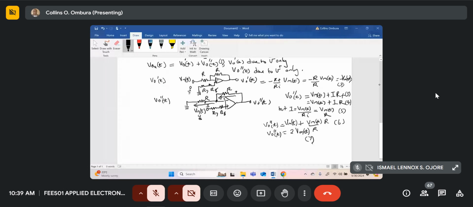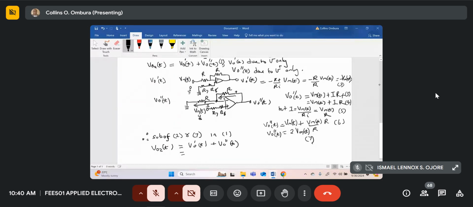So if we substitute 2 and 7 in 1, V naught 2 of t is equal to V naught dash of t plus V naught double dash of t.